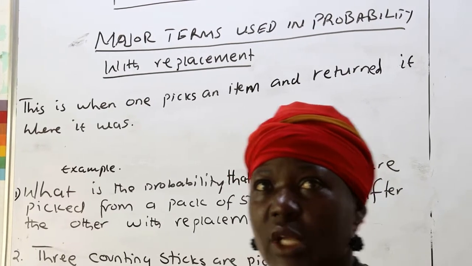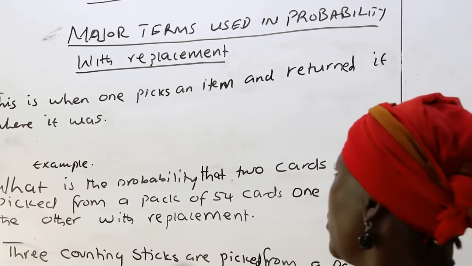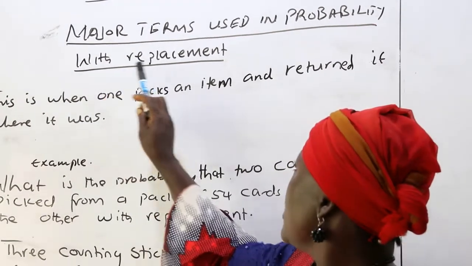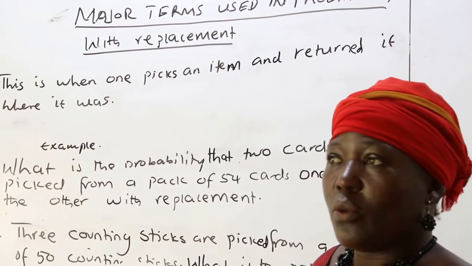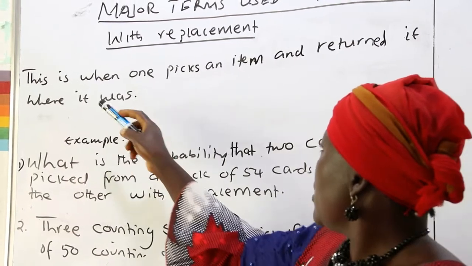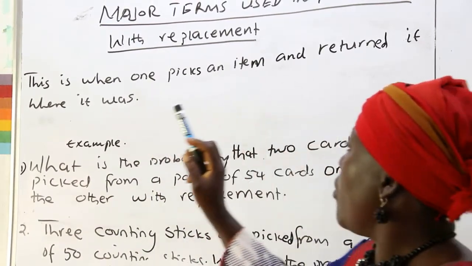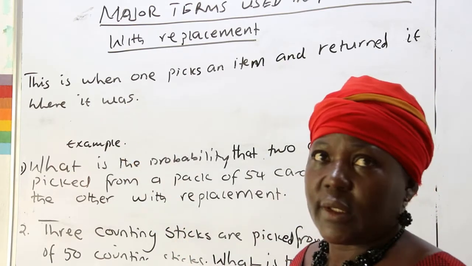So just as I told you, we have seen the other terms. The next one is with replacement. With replacement means you pick and you replace. That is, this is when one picks an item and returns it where it was.